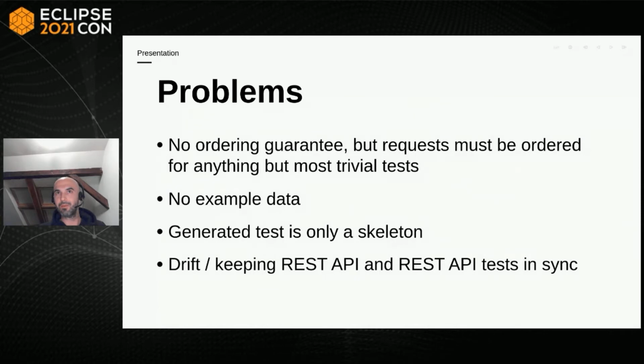There's also a quite significant problem, something that with such solutions in time causes the tests to be completely different from how the API evolved, and someone must continuously keep the tests up to date, because otherwise there is no point of having any testing if the tests are not up to date. So the problem of code drift and keeping the REST API and REST API tests in sync.